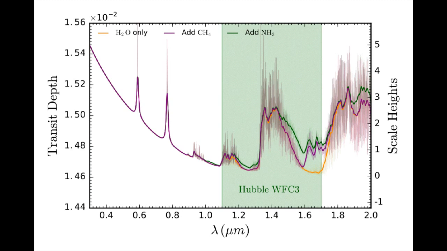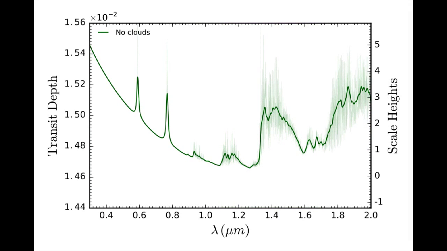We can observe a little bit at other wavelengths, like we can observe the alkali metals, for instance, using other instruments, either on the ground or using an instrument called STIS on the Hubble Space Telescope. But the best observations at the moment come in that wavelength range, 1.1 to 1.7 micrometers. So this is the model that we have altogether.